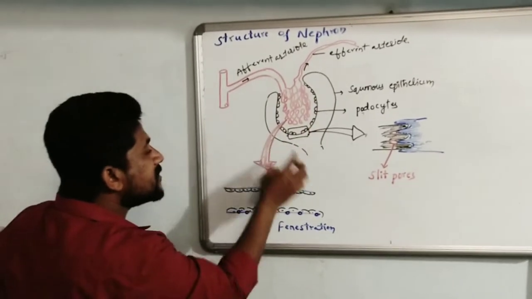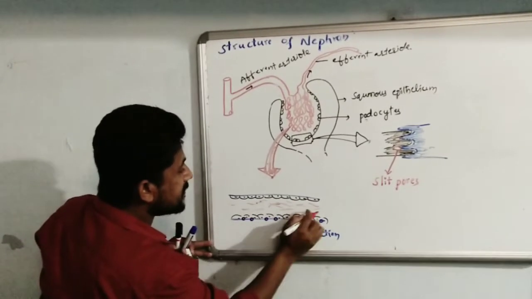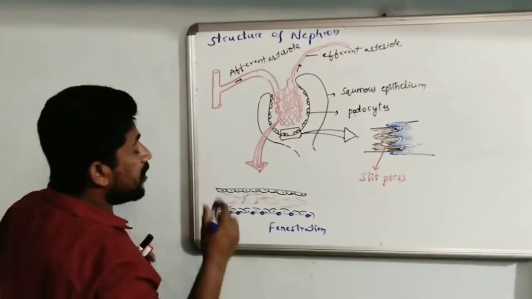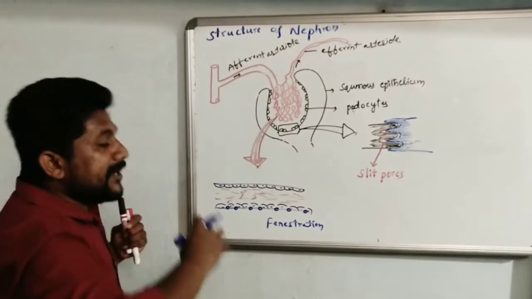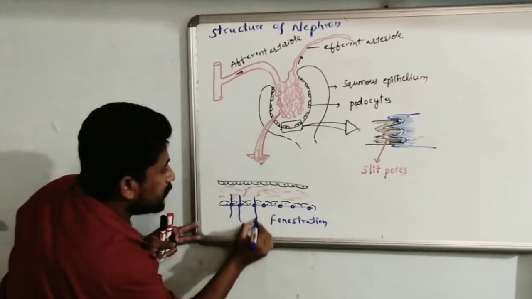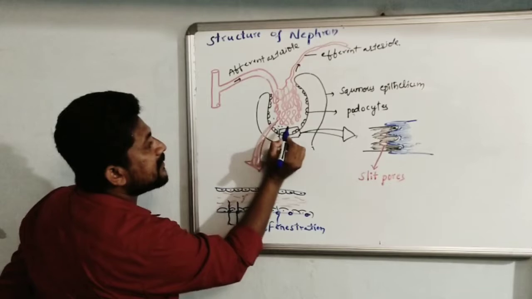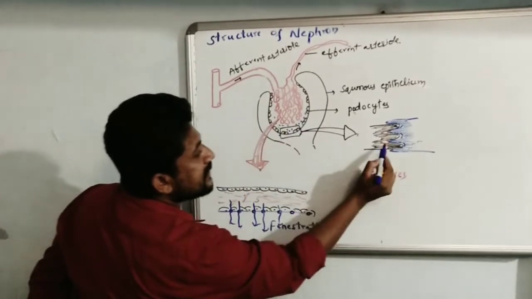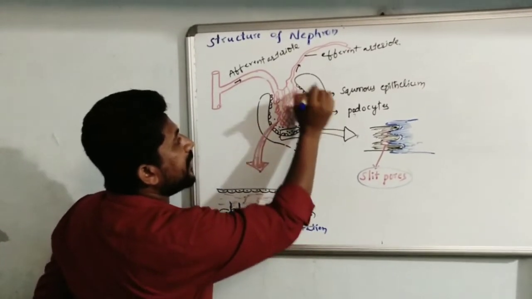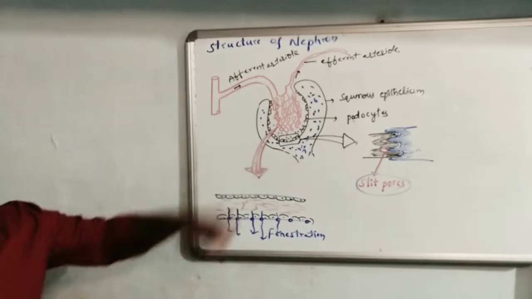Due to this pressure, very minute substances, nitrogenous waste, and important materials like glucose and amino acids are squeezed out through the fenestrations. These are then filtered by the slit pores, and this filtrate, which we call primary urine, enters the Bowman's capsule.